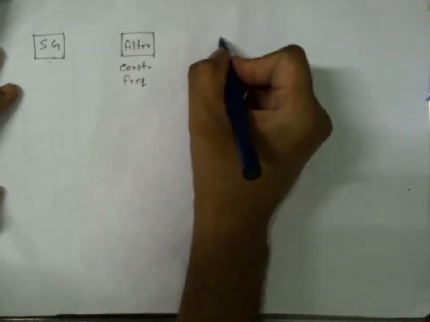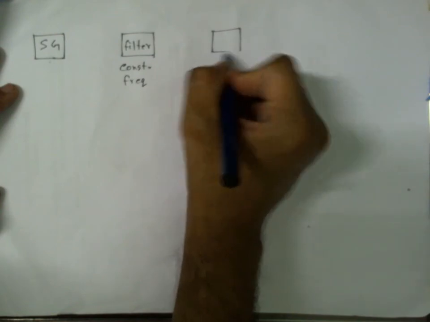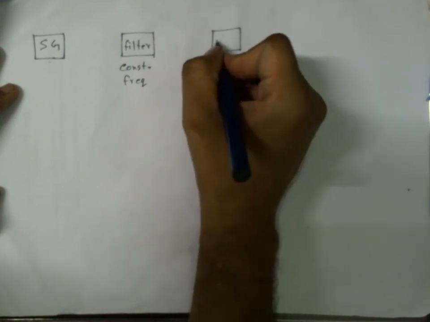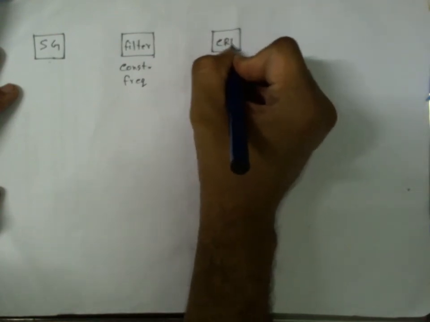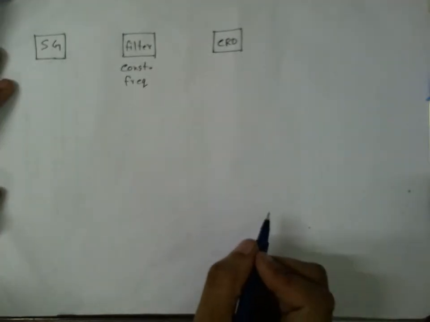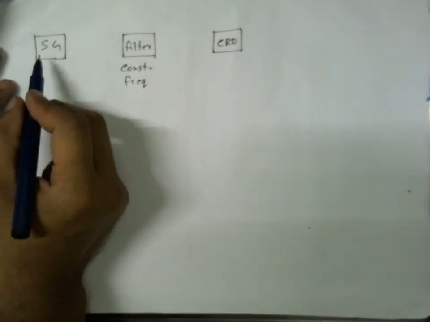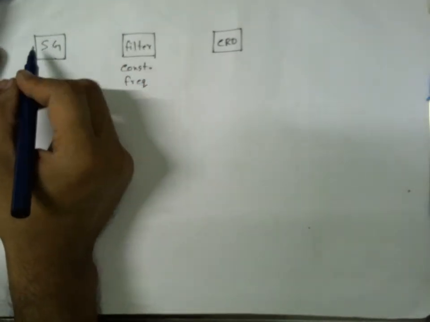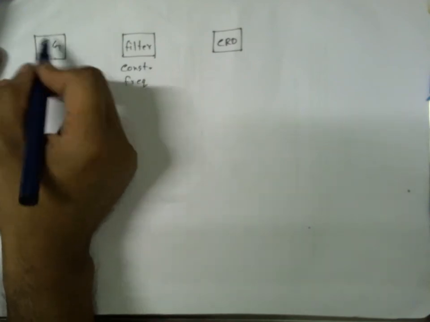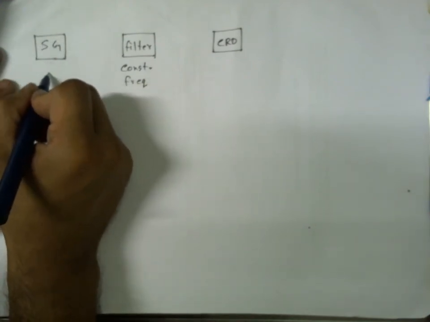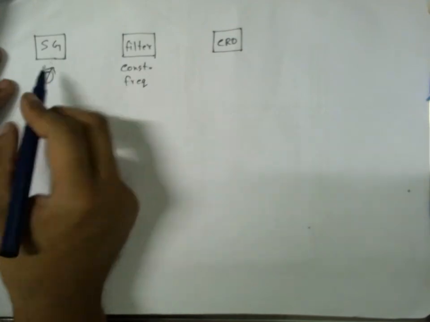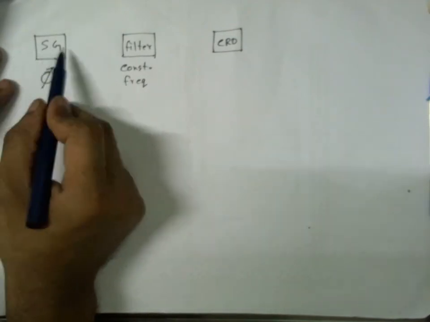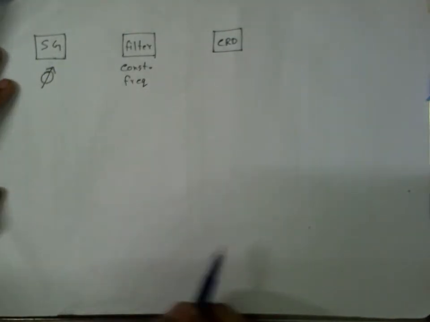And then a measuring device, which can be an oscilloscope, CRO or DSO. If possible, I have a signal generator which can be tuned, so I can change the frequency of this signal generator.